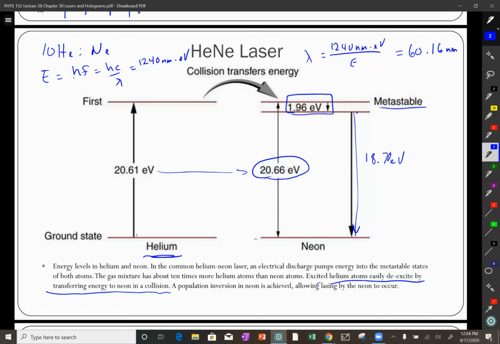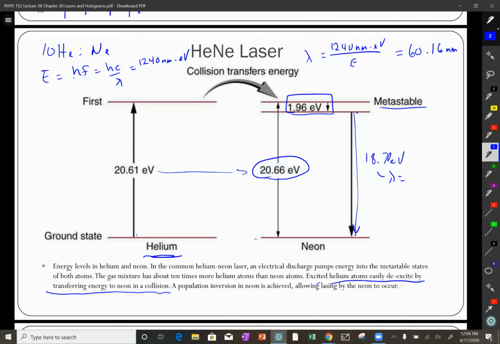Well, we can once again calculate the wavelength of that, which is 1240 divided by, well, I'm going to check and make sure I did my math right. I mean, anyone should be able to do that math right, but I am not feeling confident in myself. Okay, yeah, that was right. 1240 divided by 18.70.